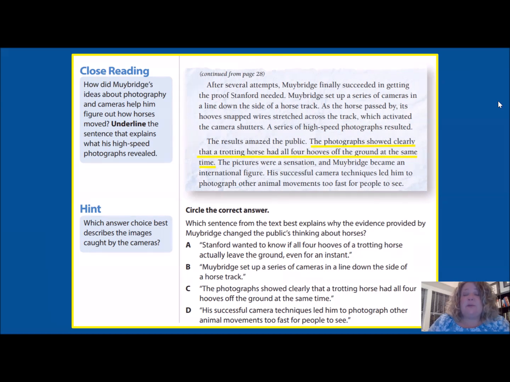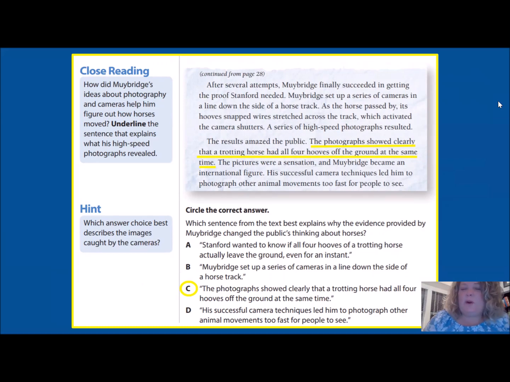His successful camera techniques led him to photograph other animal movements too fast for people to see. So our question is, which sentence best explains why the evidence provided by Muybridge changed the public's thinking? So which one do you think? Did you pick C? If you picked C, then you are correct.